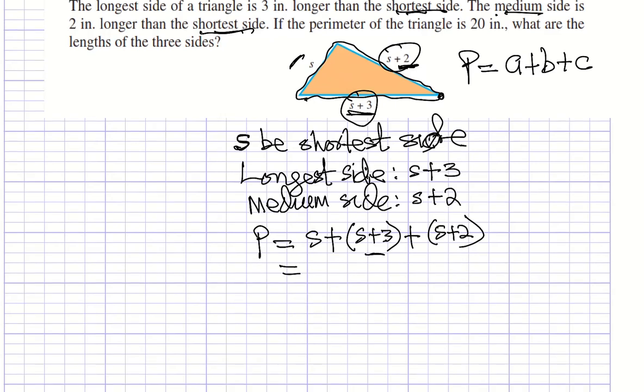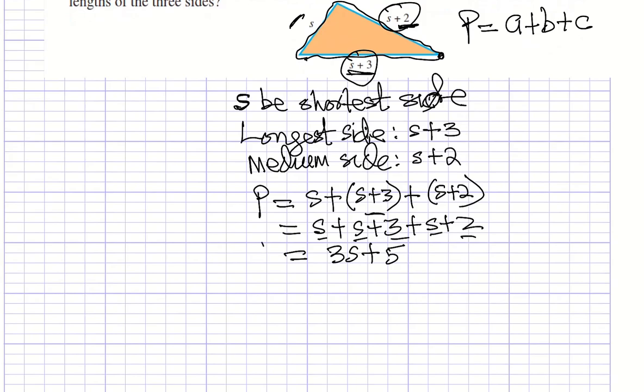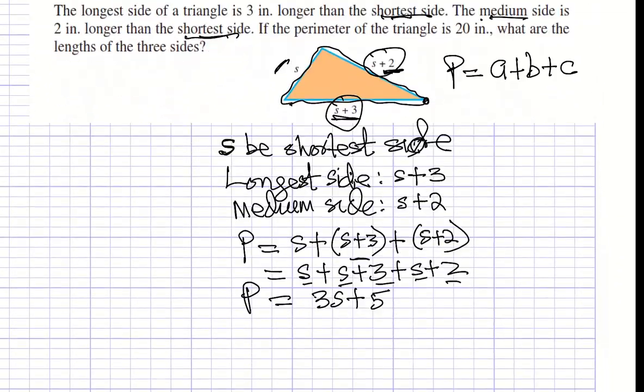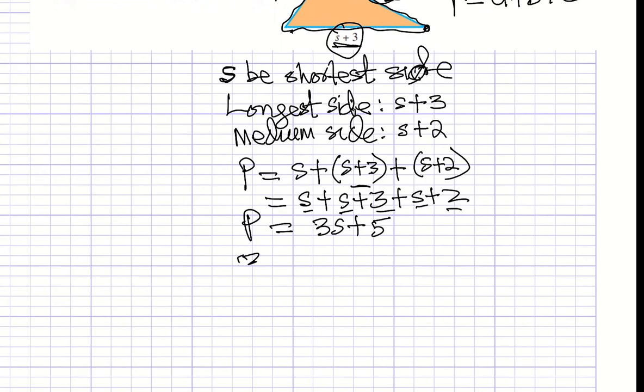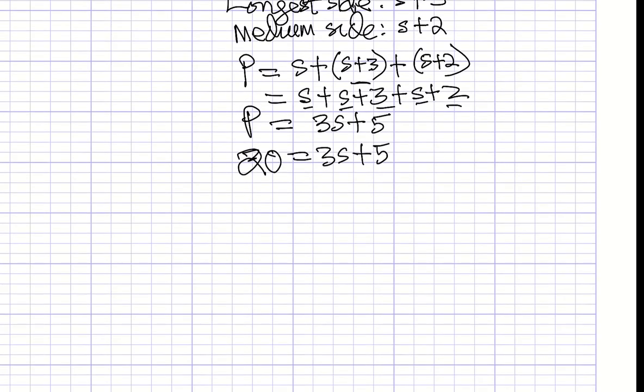So, but let's simplify this part. S plus 3 plus S plus 2. How many S do you have? 1, 2, 3. So you got 3S plus 5, okay? And this is the perimeter, but we're given perimeter is 20 inches, right? So we got 20 equals 3S plus 5, don't forget S is the shortest side. 20 minus 5 equals 3S.